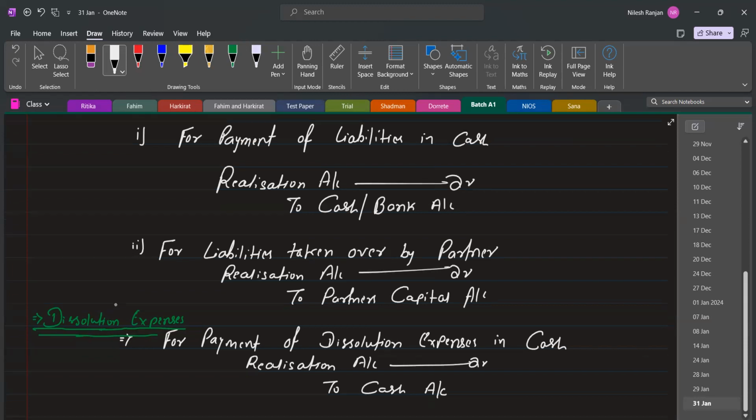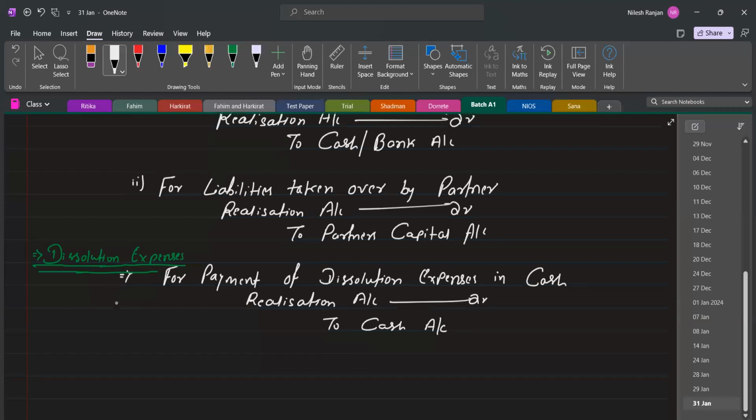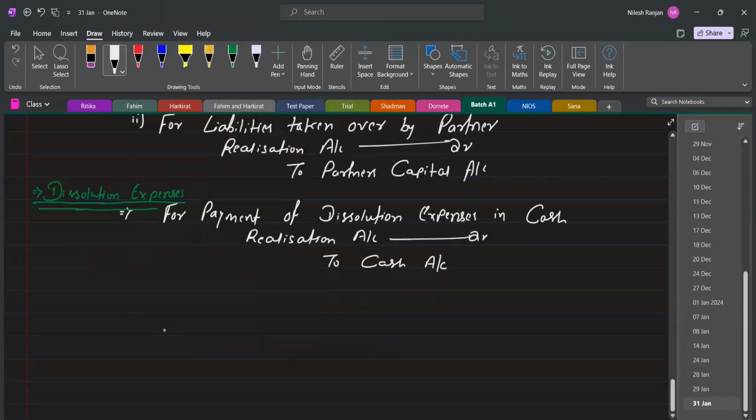Okay. What if the dissolution expenses are paid by any partner? For payment of dissolution expenses by a partner, what will be the entry?